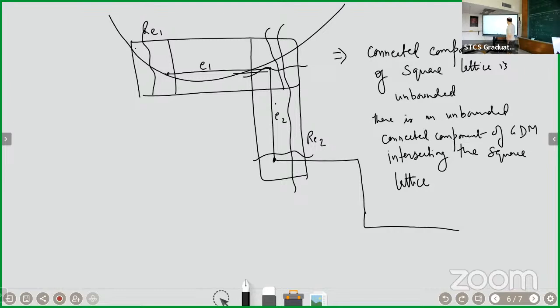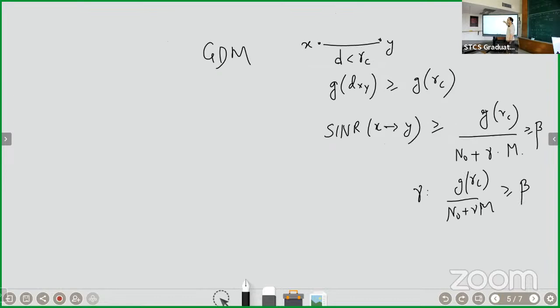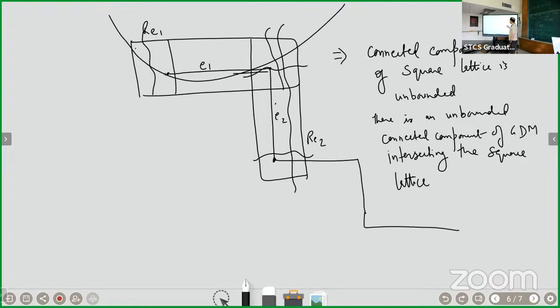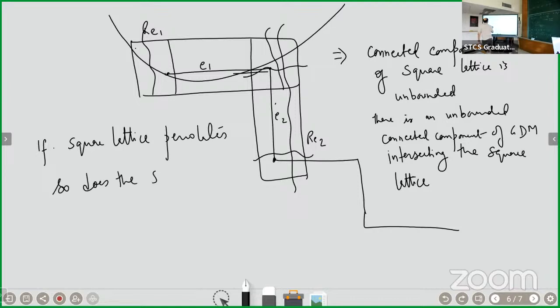And in addition, we have shown in the previous board that any two nodes which are connected in the Gilbert disk model, just by the condition BE, are also connected in the SINR graph. So the end result is that if the square lattice percolates, so does the SINR graph. Do we follow this?